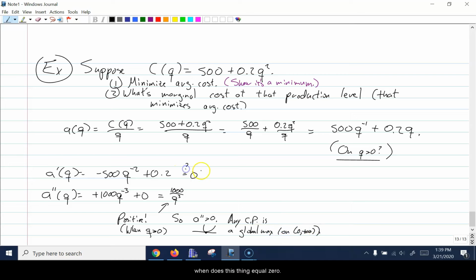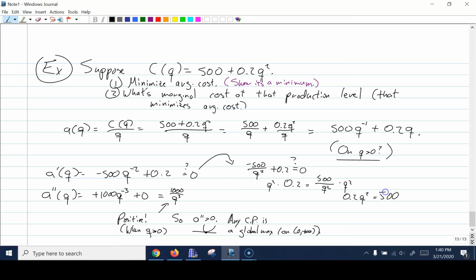When does this thing equal 0? That's negative 500 over Q squared plus 0.2. When does that equal 0? Let's move that to the other side and get 0.2 equals 500 over Q squared. Let's multiply both sides by Q squared. So 0.2 Q squared is 500.